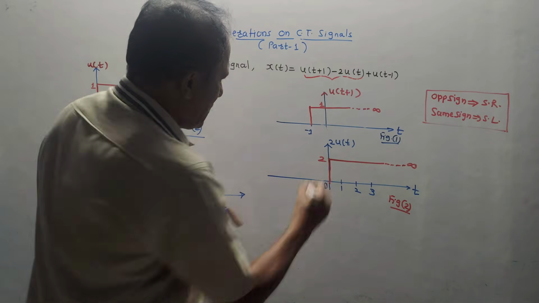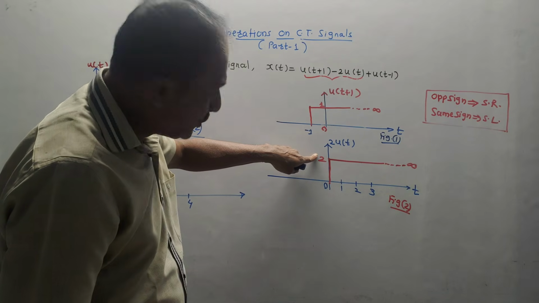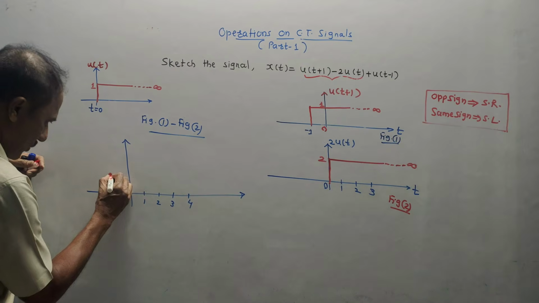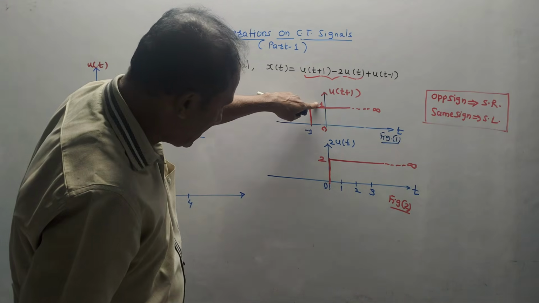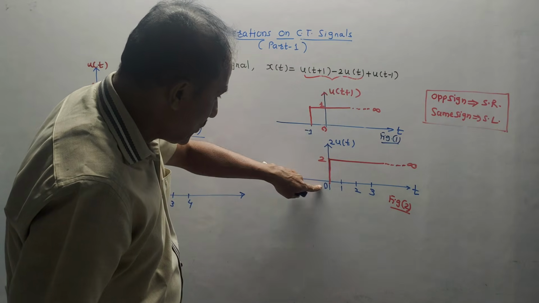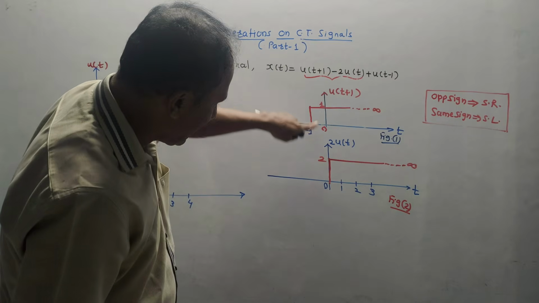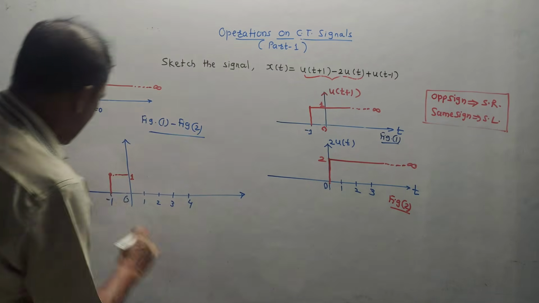Then at 0, this amplitude is 1. At 0, this amplitude is 2. And I am subtracting, not adding. So 1 minus 2 becomes minus 1.